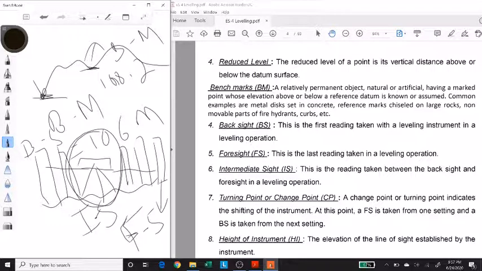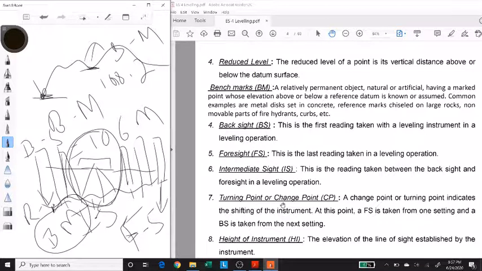Usually, the backsight is taken at a point whose reduced level is known. So the backsight is basically taken on a benchmark. And when you take the intersights and the foresight at the end, all of these points become your benchmarks. And when you change the location of your instrument, then again the first reading that you take would be against a point whose reduced level is known. So that would be on a benchmark.